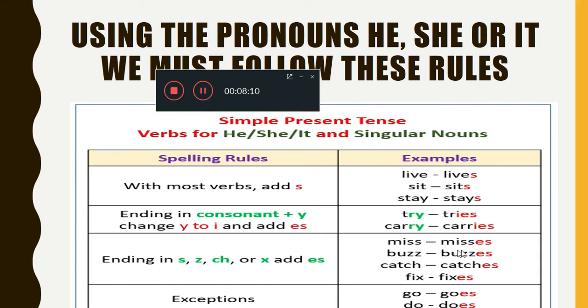Miss, misses, buzz, buzzes, catch, catches, fix, fixes. And we have some exceptions to the rules that are go and do. Go, goes, do, and does. You must follow these spelling rules to conjugate the verbs in the correct form: he, she, and it.